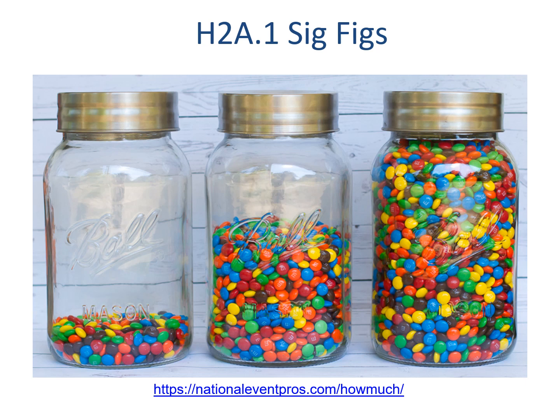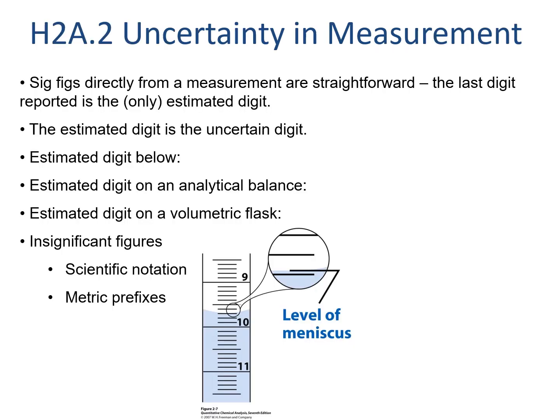So I should actually be reporting for the number in the left jar, not as 615, but if I'm not sure about the tens unit, I should say 610 or 620, where the tens unit would be estimated. So significant figures will record every digit that is known fairly certainly, like the hundreds unit in the example before, and then one estimated or uncertain digit, like the tens digit before, so 610 or 620.